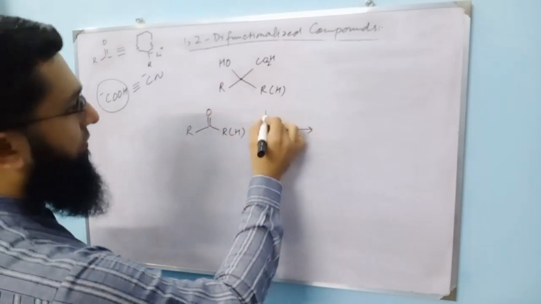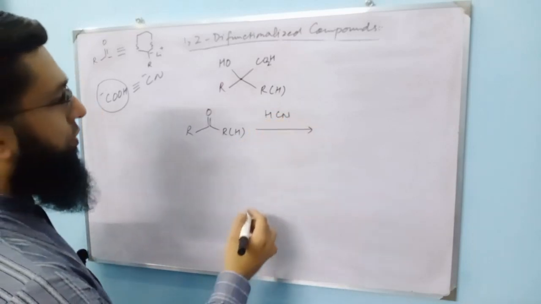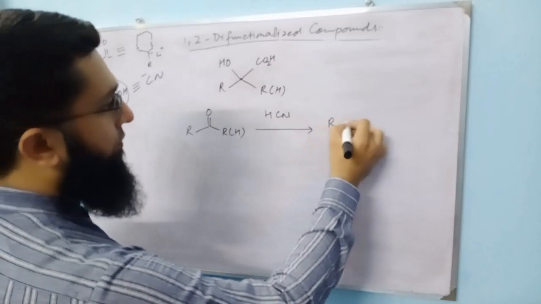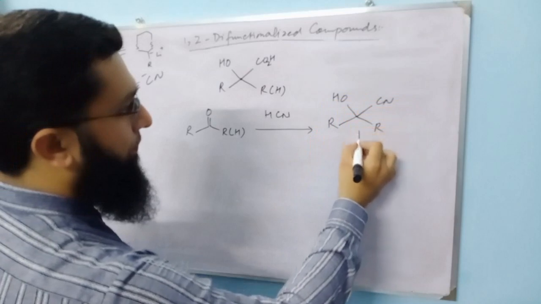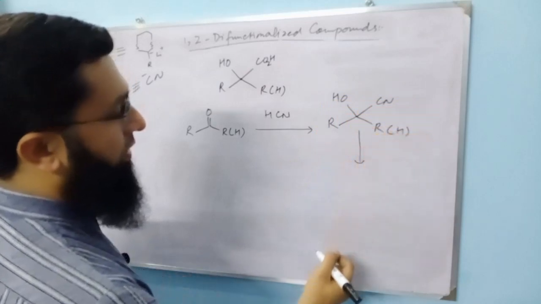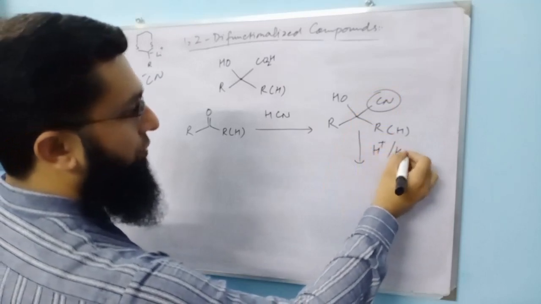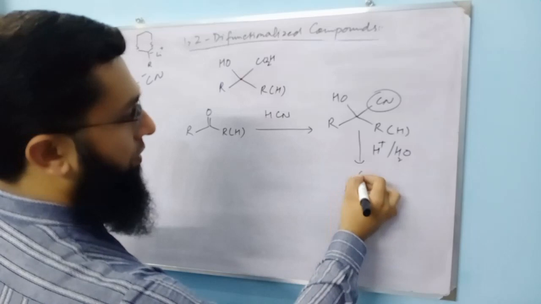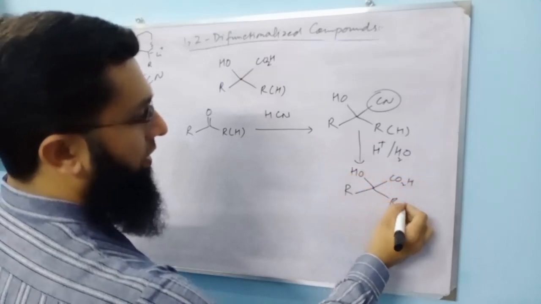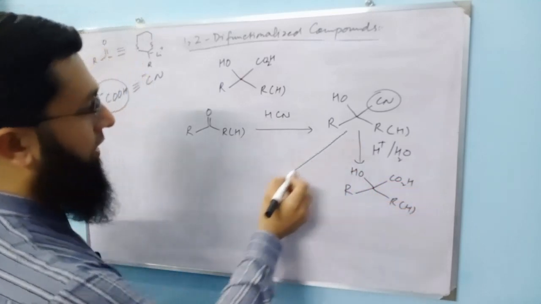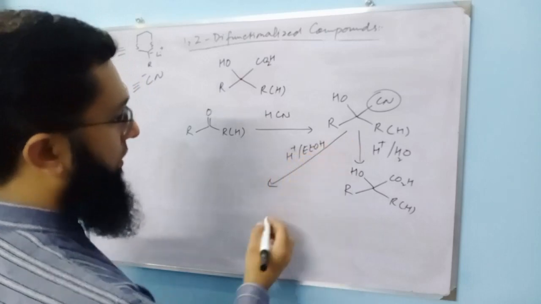It can be reacted with HCN, and as a result of the nucleophilic addition we would get this molecule, and this can further be hydrolyzed using H plus and H2O into corresponding alpha hydroxy carboxylic acid, or we can hydrolyze in the presence of acid and alcohol, for example ethanol.